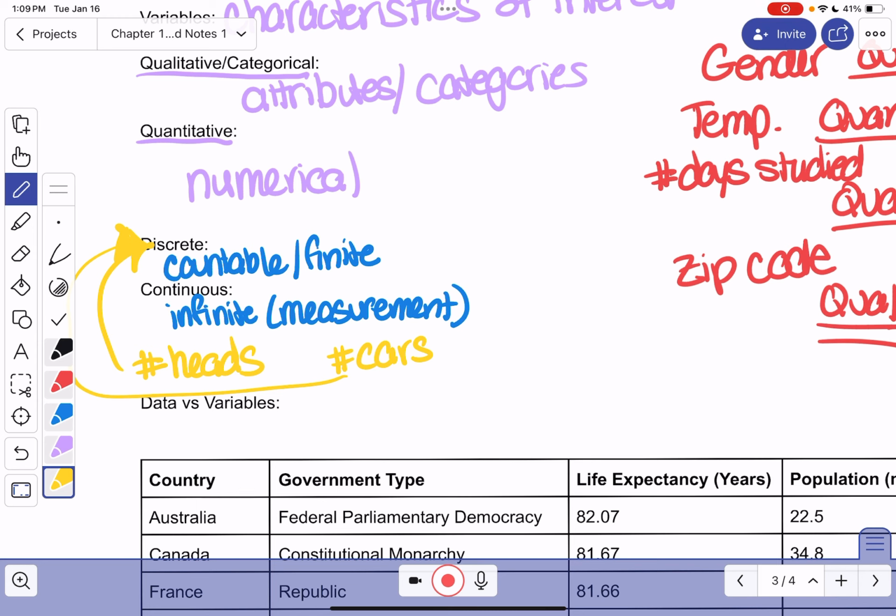You're not going to count that when you're counting cars. So it would be a discrete variable. Continuous might be the distance you travel or the gallons of gas in your car, because you can have 3.2 gallons on the pump. So those are continuous because they can get broken down into decimals.